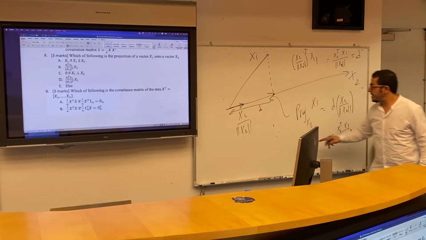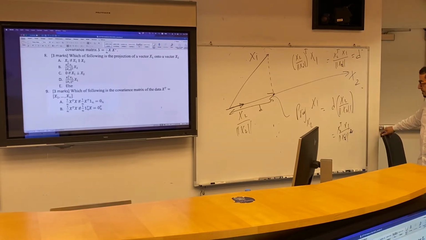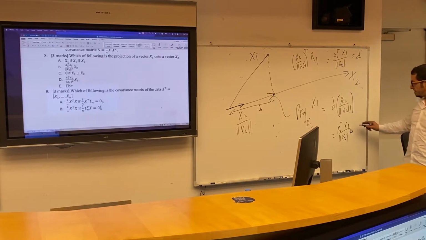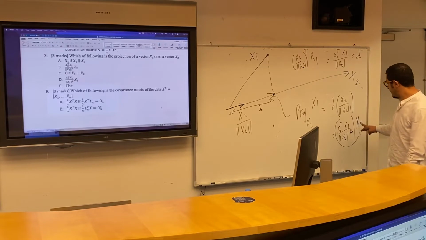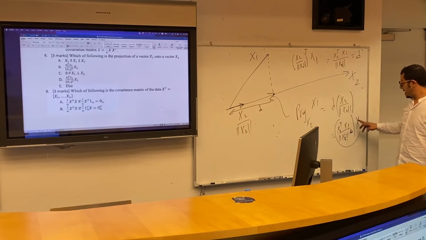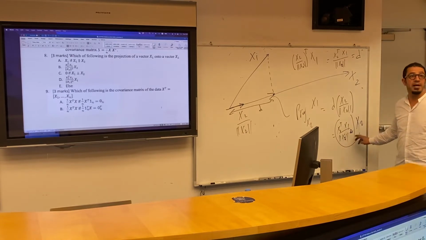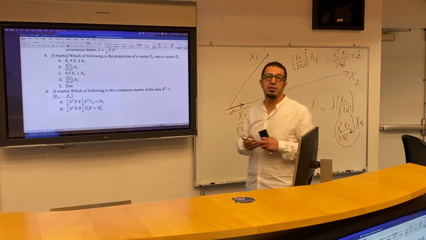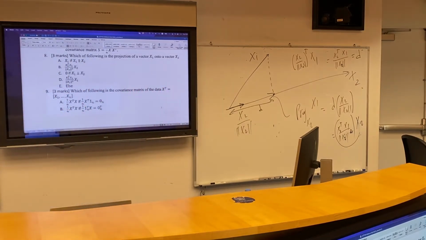If you look at option B, x2 multiplied by the whole thing. Yes, thank you so much. So this is a value, and this is the vector. Yes, so it can be correct. Perfect. Value times the vector is correct. Just check the natures. So B and A both are correct.